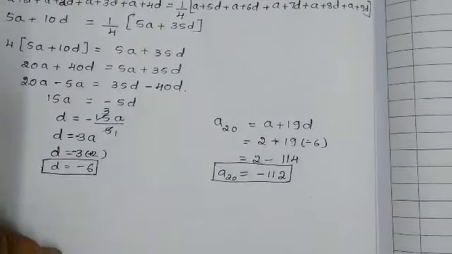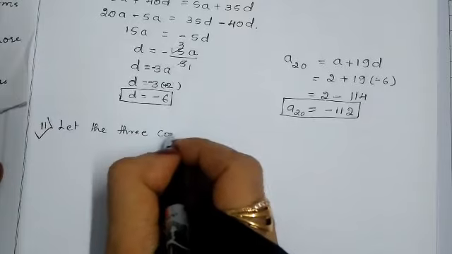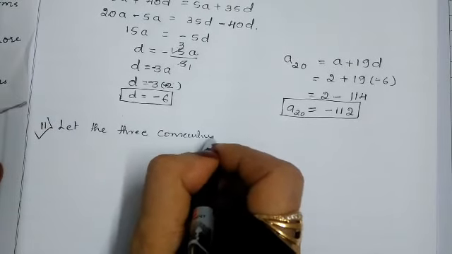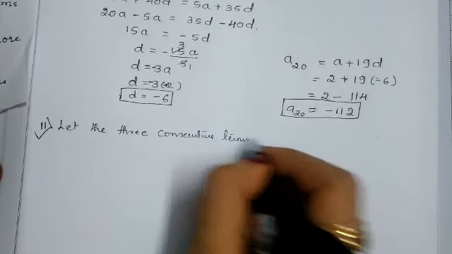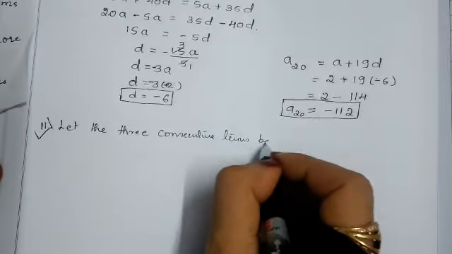Let the 3 consecutive terms be a minus d, a, a plus d. These are the 3 consecutive terms. What is told in the question? The sum of 3 consecutive terms is 6.